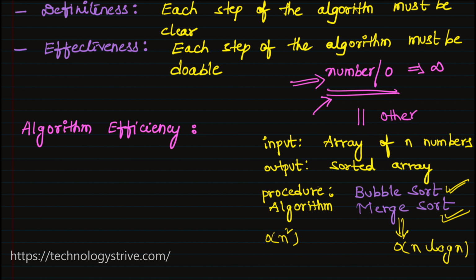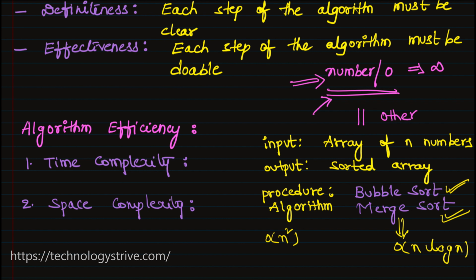What are the two things? One is time complexity. The second one is space complexity. Time complexity talks about how much time it has taken to complete the algorithm, meaning to complete the steps which we have defined in the algorithm.